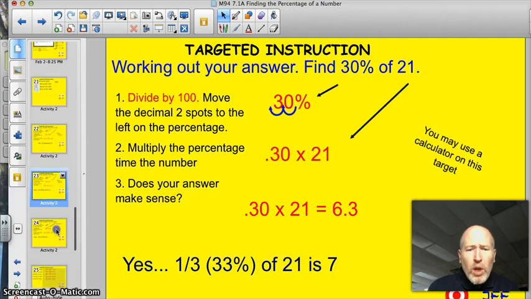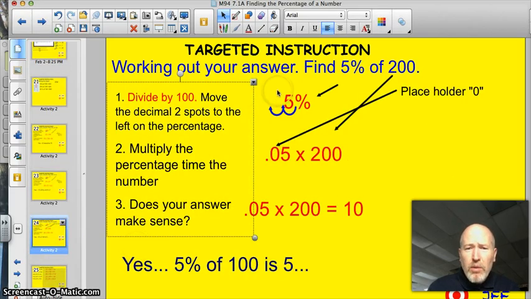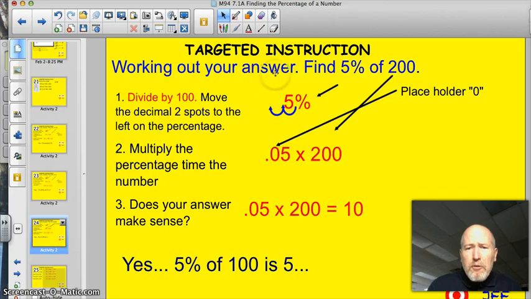Let's take a look at one more example before I have you try a few of these on your own. Find 5% of 200. Oh, this is going to be tricky. So again, first, we divide by 100. We move the decimal 2 spots to the left on the percentage. Here's where the decimal is on a percentage. It's always at the end. Move it 2 spots to the left, but we have to add a placeholder in there now. So we have 0.05 times 200.